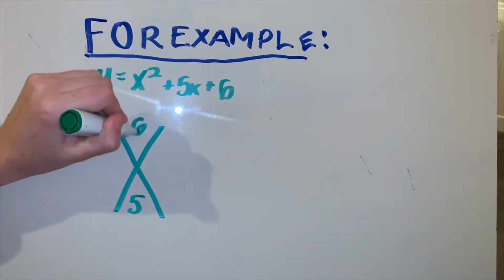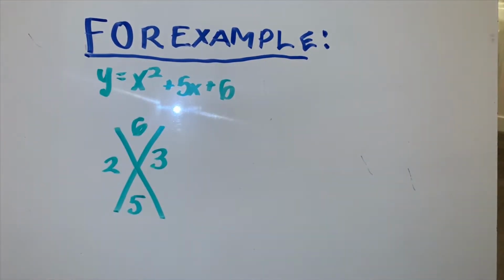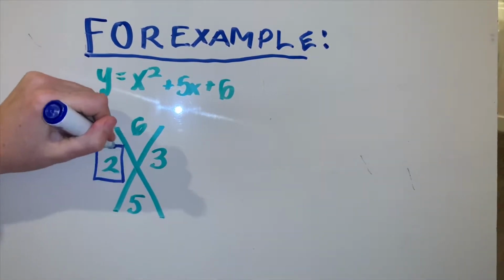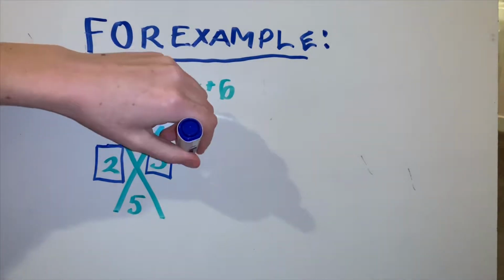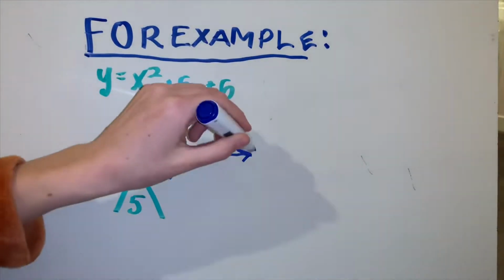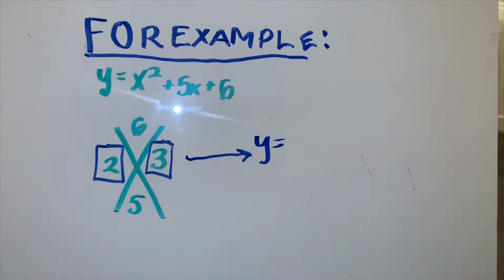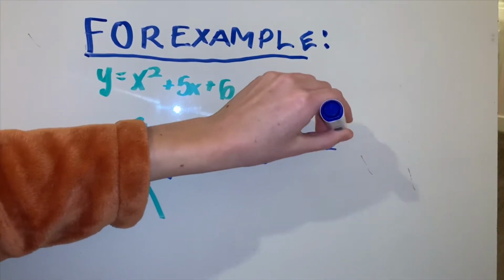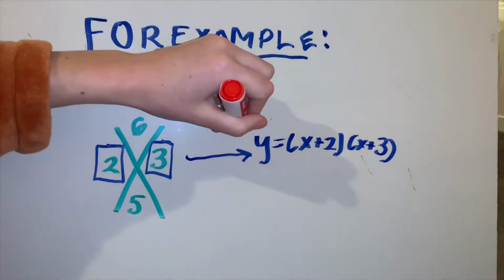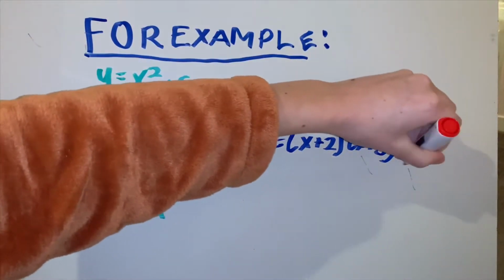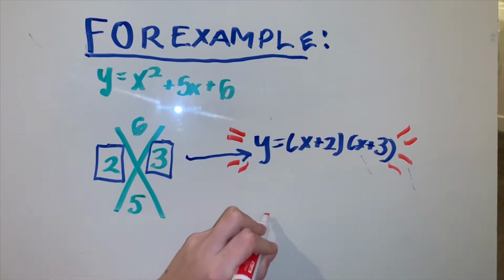Once you have figured out the factors of the quadratic, you can break it down into a much simpler form. You can then write it as y equals parentheses x plus 2 and parentheses x plus 3 and parentheses. And you're done.